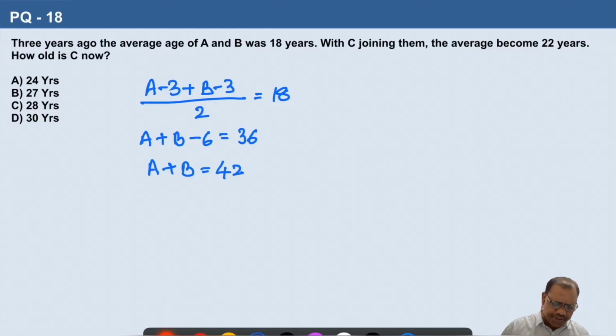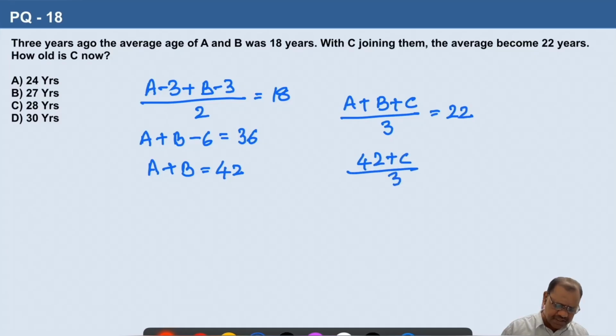With C joining them, the average becomes 22 years. So A plus B plus C, the average of all the three is 22. So A plus B we know 42, plus C by 3 is equals to 22.